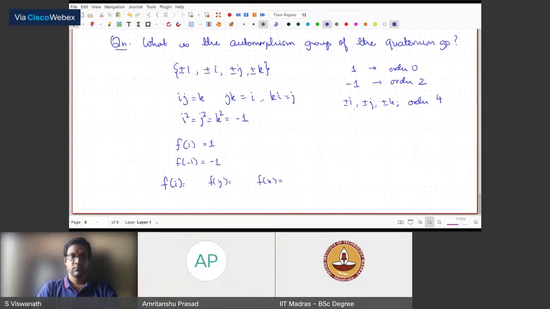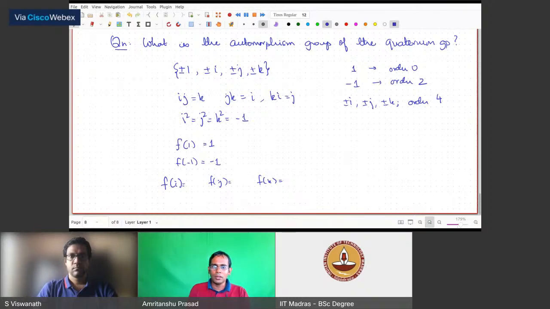And this gives you how many possibilities. So for f of i, you can take it to one of these six elements of order 4. So f of i could be one of 6 possibilities.